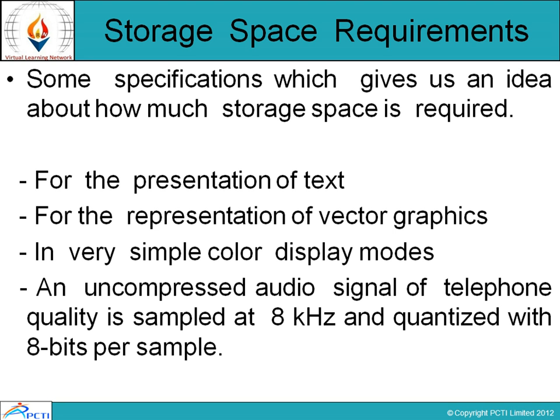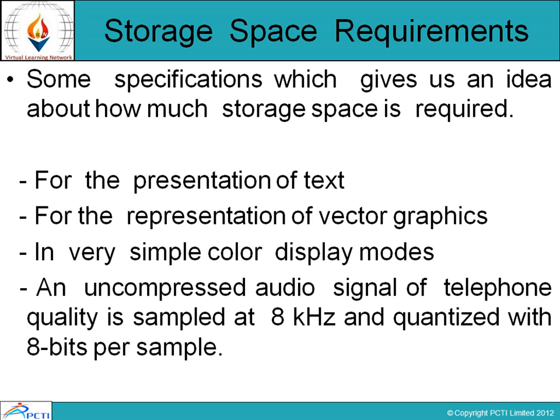Now, storage space requirements. There are some specifications which give you an idea about how much storage space is required for a particular file. The first is for the presentation of text: 2 bytes are used for each character and each character is displayed using 8x8 pixels.